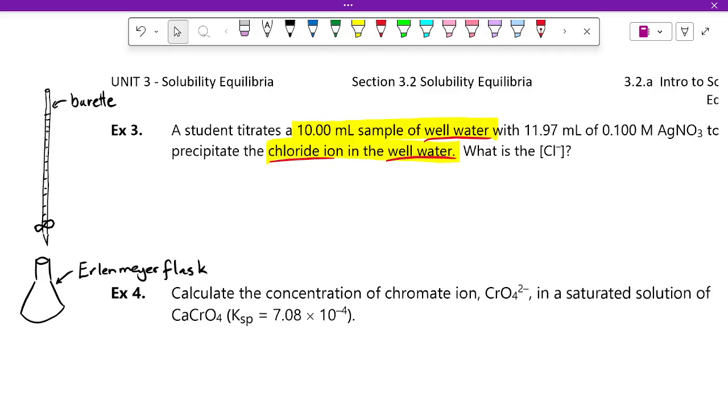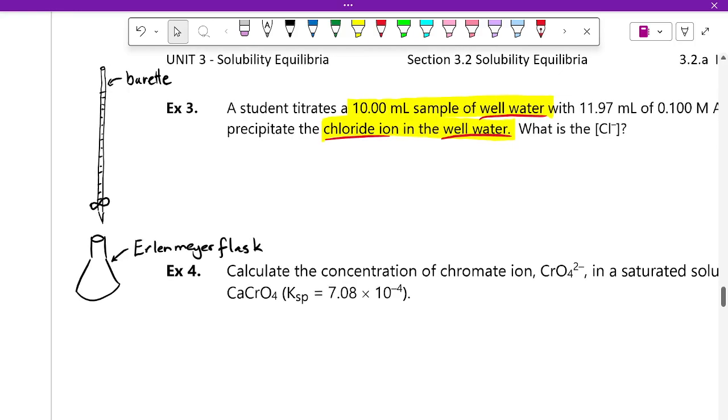Okay, so we're just going to finish up with the next 5 minutes because it's till 12:25. You won't have any homework related to this because your homework is going to be studying for your quiz tomorrow on section 3.1. So we got our Erlenmeyer flask, and in it we have some well water.